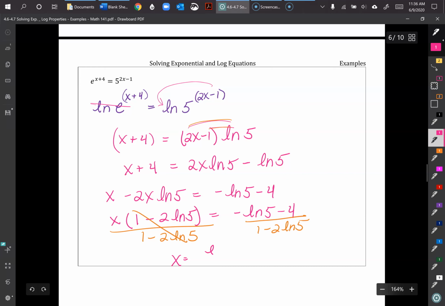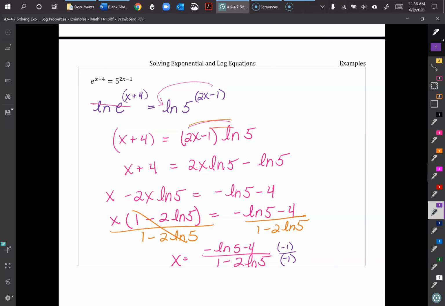And then that leaves me with x equals negative ln 5 minus 4 over 1 minus 2 ln 5. Now I can kind of rearrange this to not have all that negative there. I can multiply top and bottom by negative 1 over negative 1.